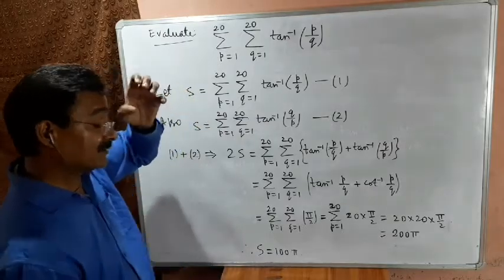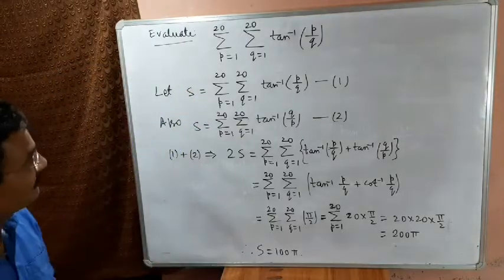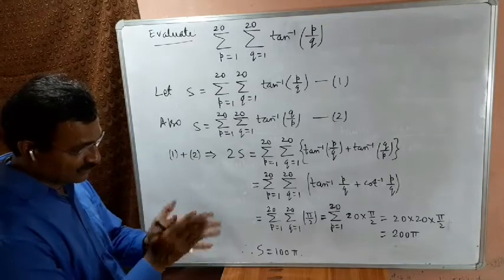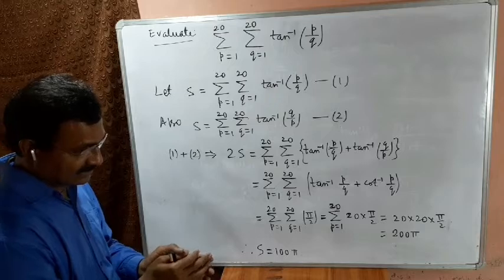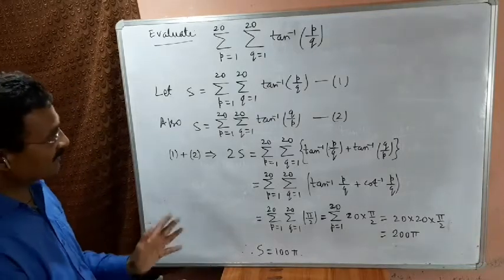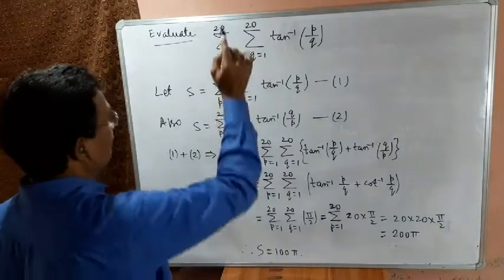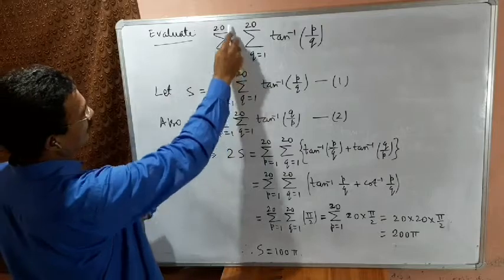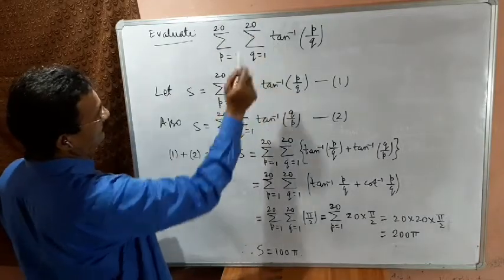We may understand that in this question, if P and Q are interchanged, then there is no loss of validity. Imagine I write this question with Q equals 1 to 20 and P equals 1 to 20.